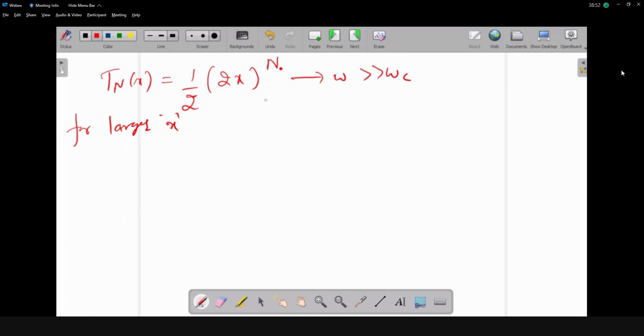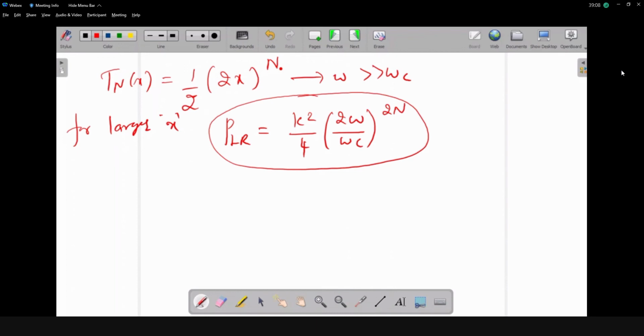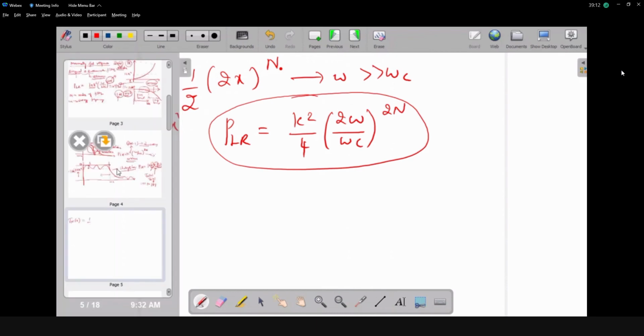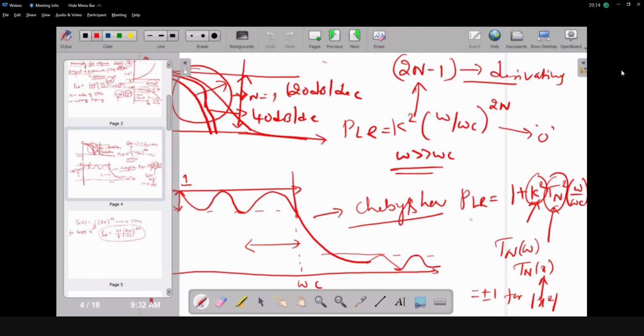Now the insertion loss for this case, what will it become? That TLR is approximately k square by 4 into 2 omega by omega c whole power 2n. This is for the stop band case, and the equation we discussed earlier was for the pass band.